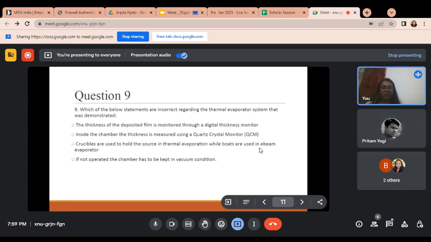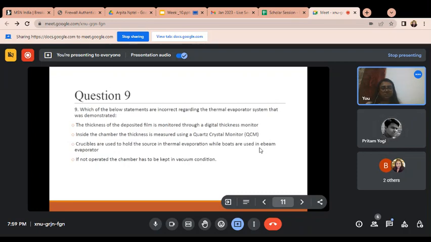Actually, tell me why we go for the e-beam system. If the melting temperature of the source we want to deposit is much higher than that of the source holder or crucible, then what will we use? In that case, we will go for the e-beam evaporation system.